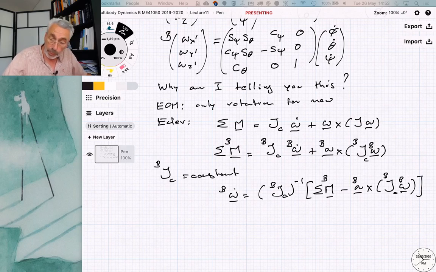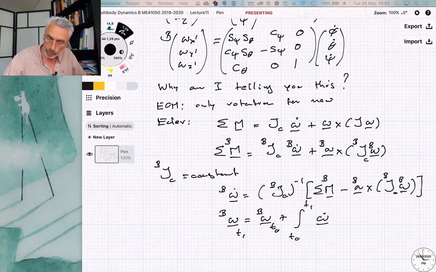And then we can integrate that, so we can say the angular speed at t1 is the angular speed at t0, right? Plus the integral from t0 to t1 of omega dot dt.